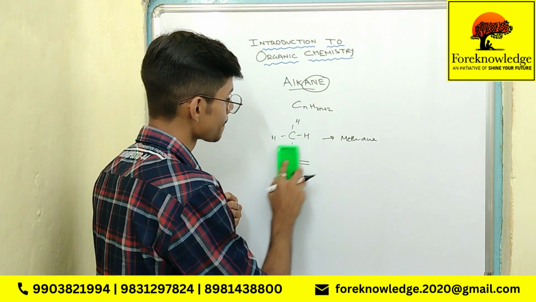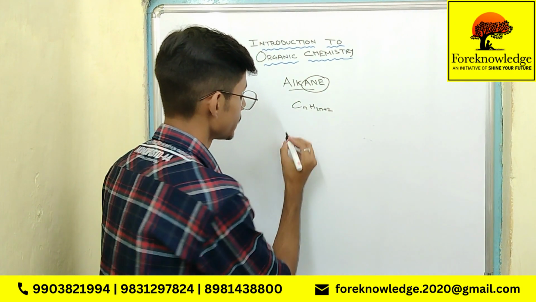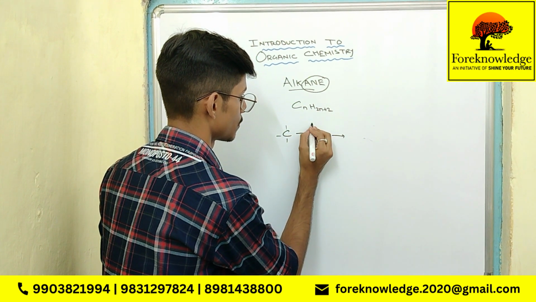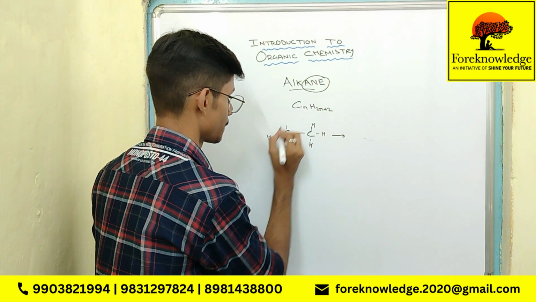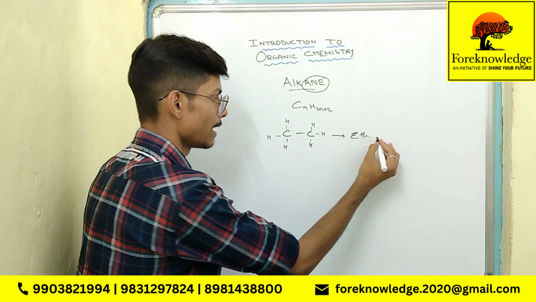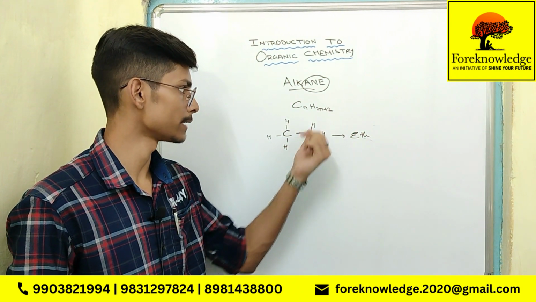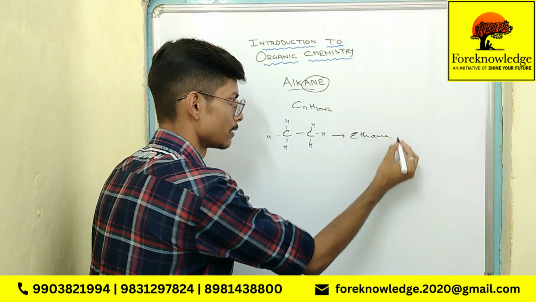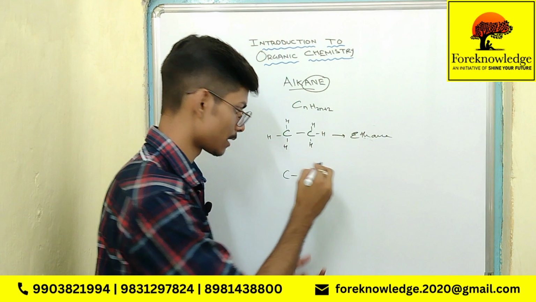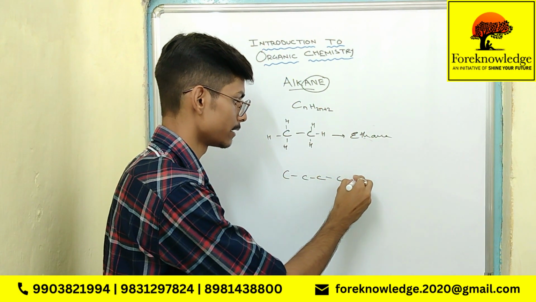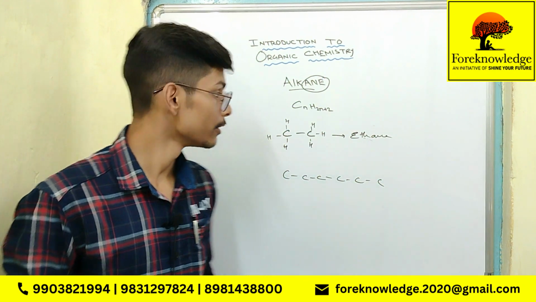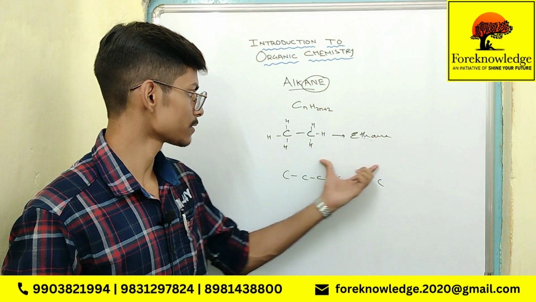Now, when there are two carbons, the root name is eth, and as a single bond is present between the two carbons, that is alkane, you have to write ANE. That is ethane. Similarly, there is propane when three carbons are there, then butane, then pentane, then hexane, and it goes on to octane and decane. So these are the basic examples of alkane.